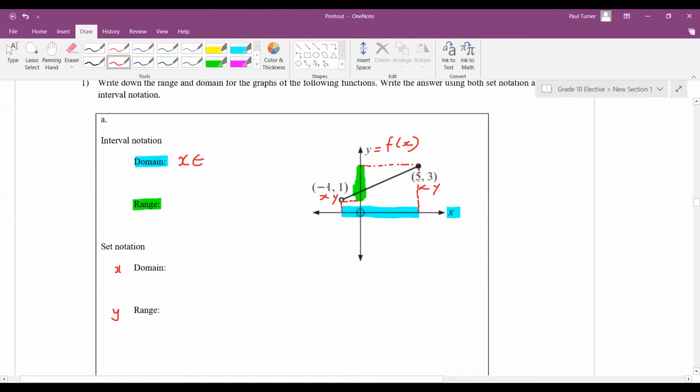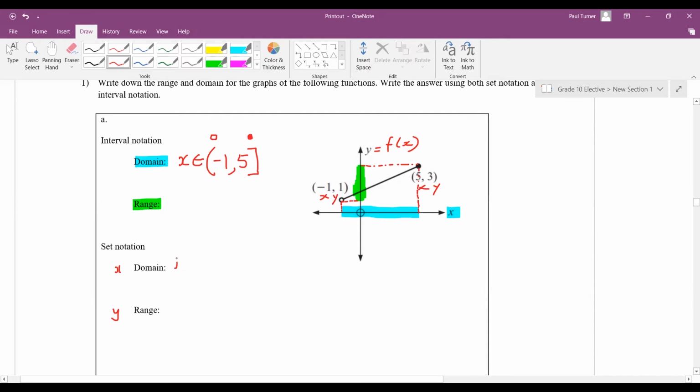So your x values are between -1, but not including it, until 5, but we include 5 because you have a solid dot like that. When you do not include the end value, you use a curved bracket, and when you include the value like 5, then we have a square bracket.